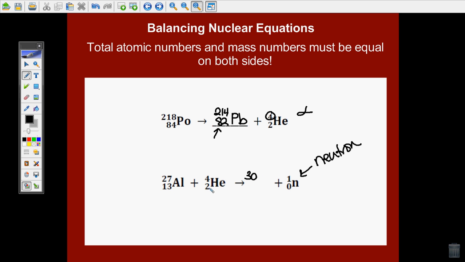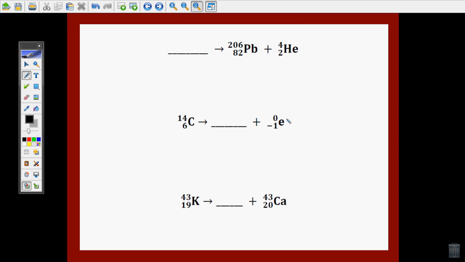Then 13 plus 2 is 15, and this doesn't change my atomic number, so this would just be 15, and phosphorus has the atomic number of 15. And that's it. You just have to make these add up so that they're balanced. So try these on your own, pause the video, and then come back and check your answers.